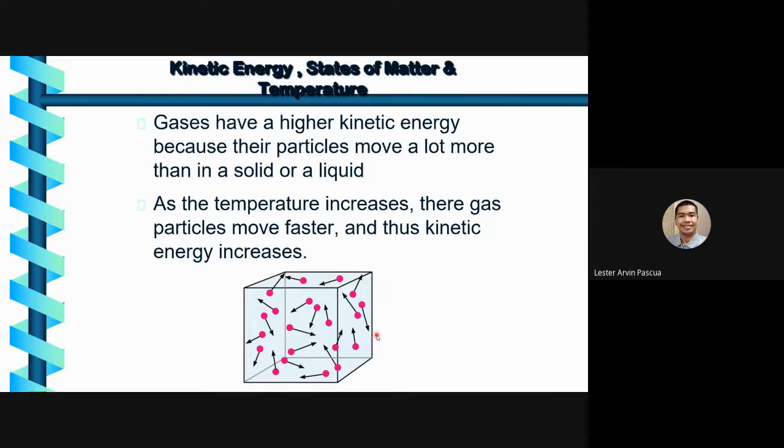Additionally, when the temperature is hot, your gas particles move faster. Actually, in a general sense, every time you increase the temperature, you input heat energy. So when you increase that energy, the kinetic energy of the particles of your matter also increases. So the particles move faster.